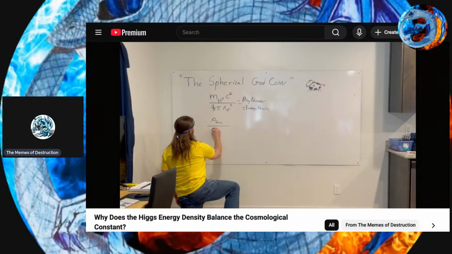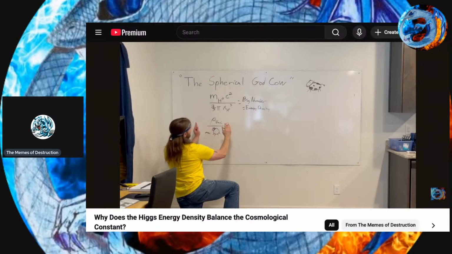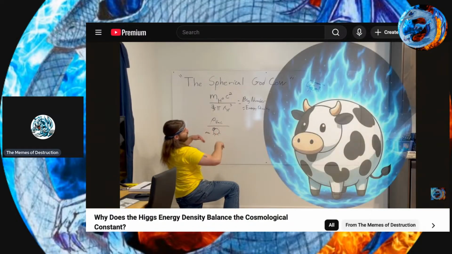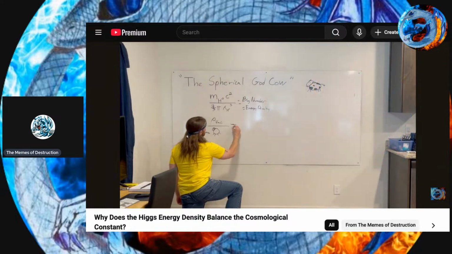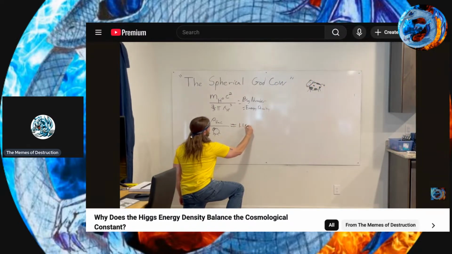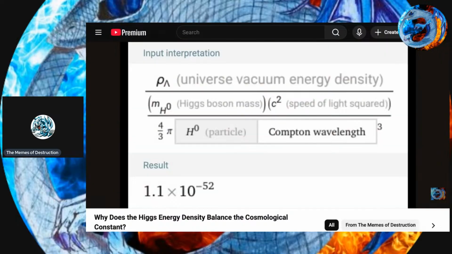Little cow here. So if we take the vacuum energy density, we divide it by this spherical god cow, we get approximately 1.1 times 10 to the minus 52. Okay.